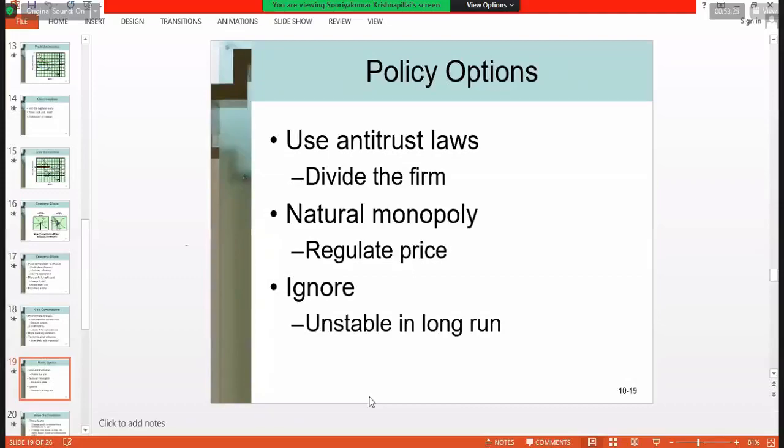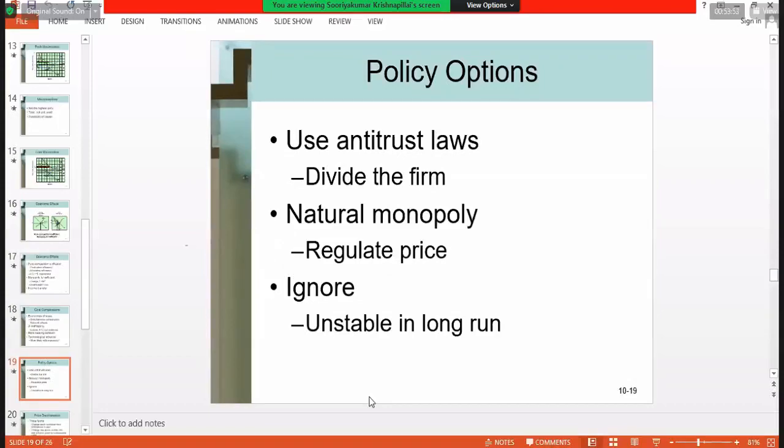So if it is a natural monopoly, sometimes the government regulates the price. They don't allow the firm to use the marginal revenue equals marginal cost condition and determine the price at that output level, as we studied in the monopoly market.